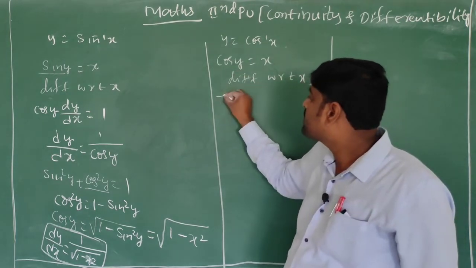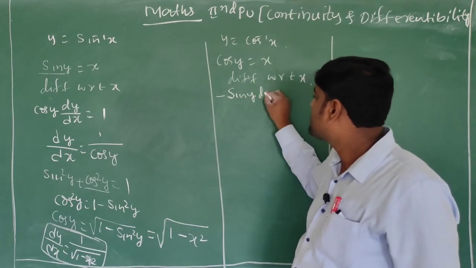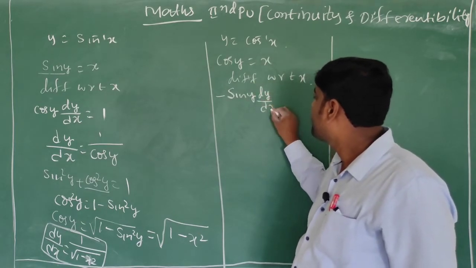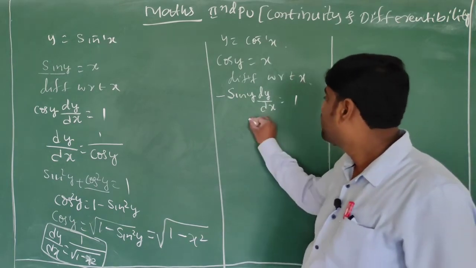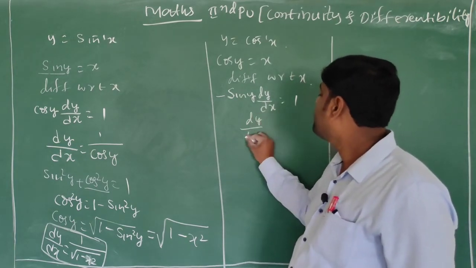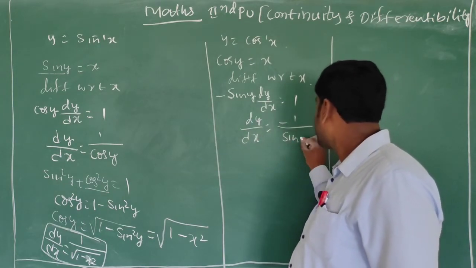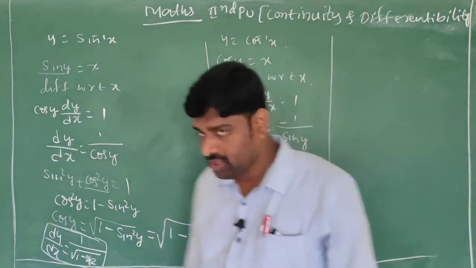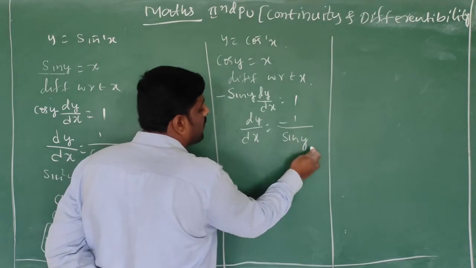Cos y differentiation is minus sin y. Y differentiation is dy by dx. X differentiation is 1. dy by dx is equal to minus 1 divided by sin y. Is it clear? dy by dx is equal to minus 1 by sin y.